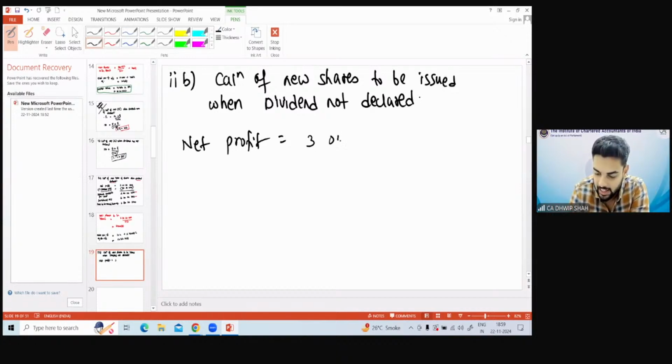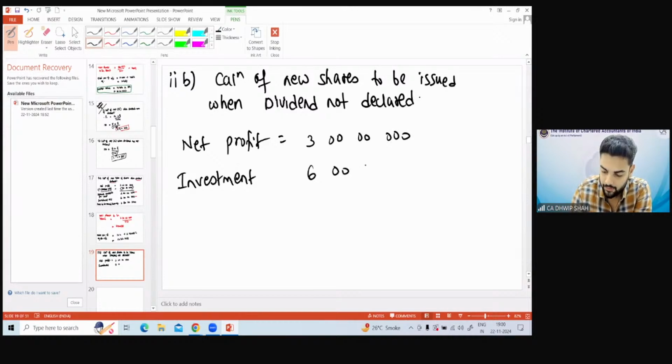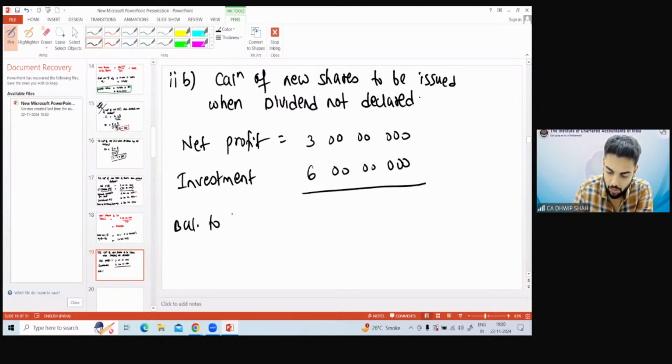I can entirely invest this 3 CR in my investment of 6 crores, because now we don't have to pay any dividend. So balance to be raised through equity would be how much? Through equity would be 3 CR.